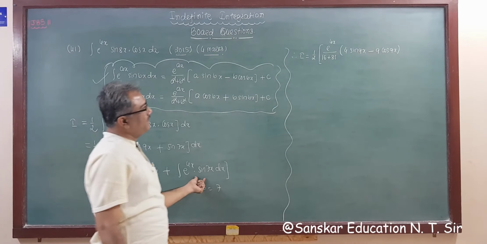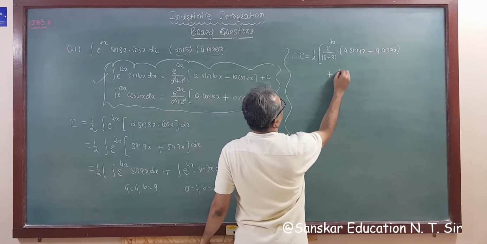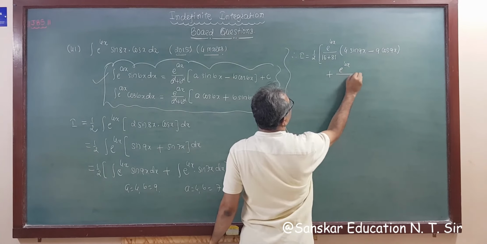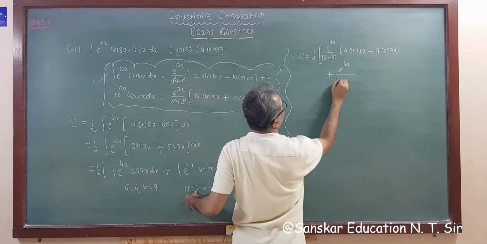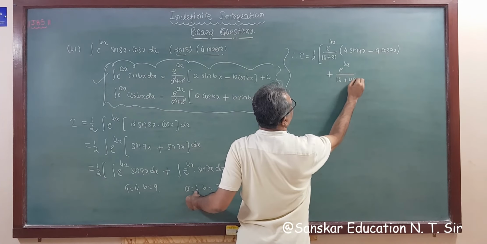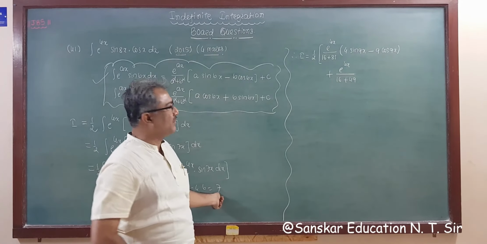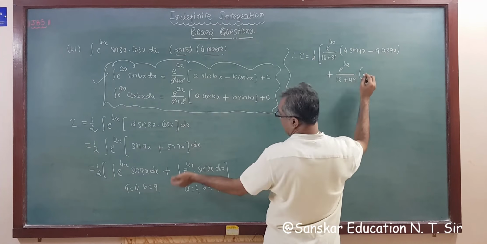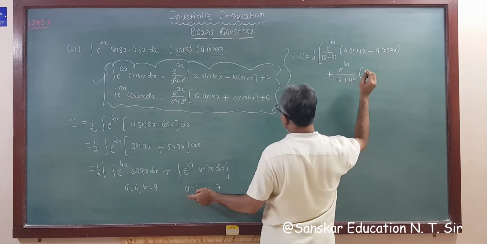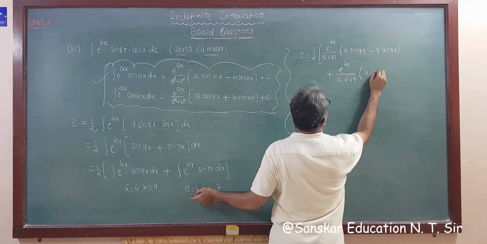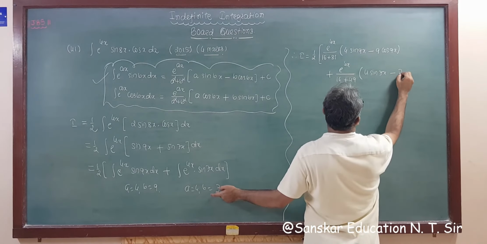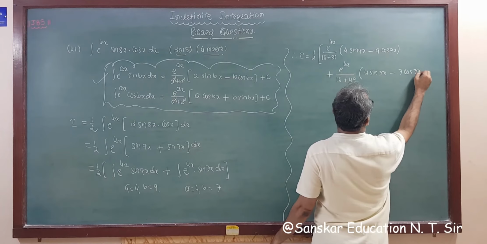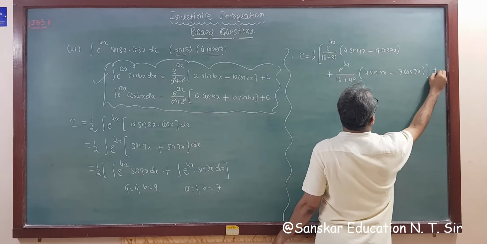Similarly, writing the answer for this, plus e raised to 4x as it is, and a is 4, that is 16 square, and 7 square is 49, and the formula is the same. A is 4, so 4 sin 7x minus b is 7, so cos 7x, right? Bracket over and plus c.